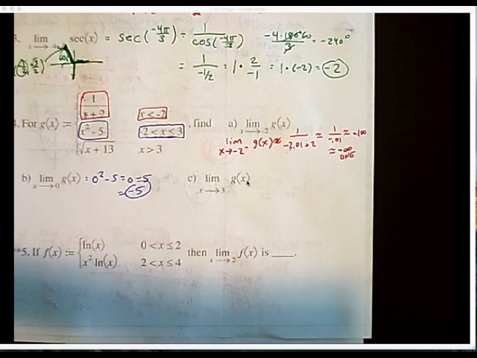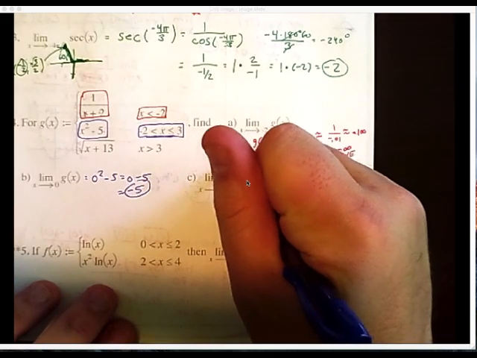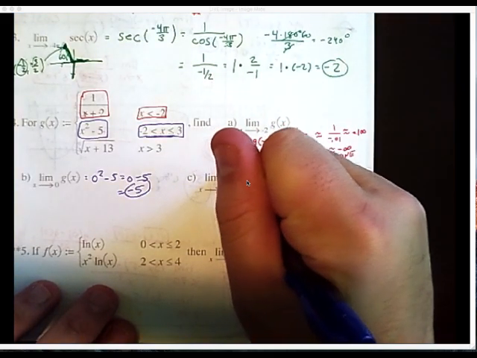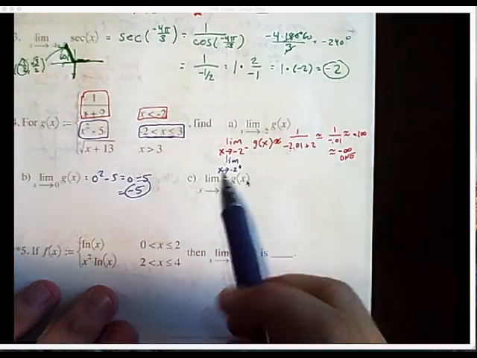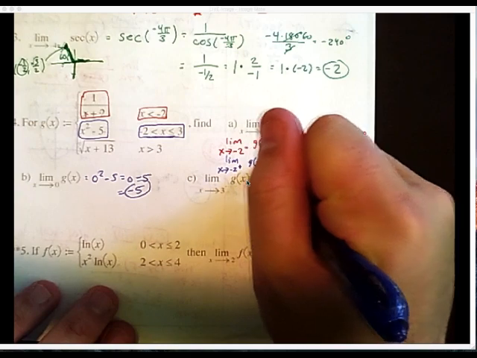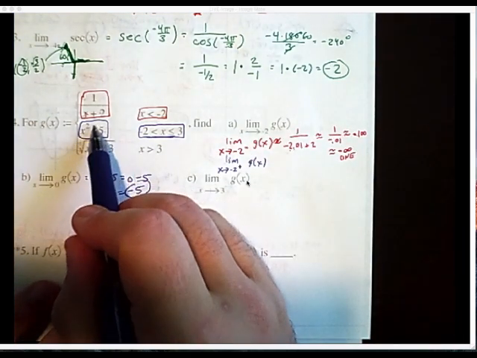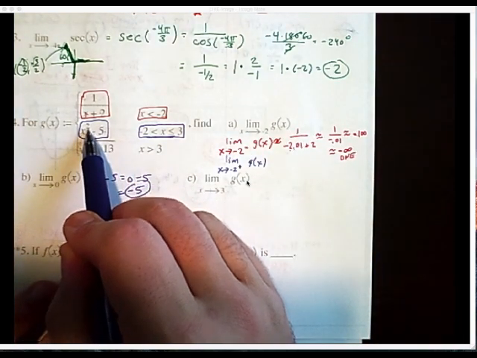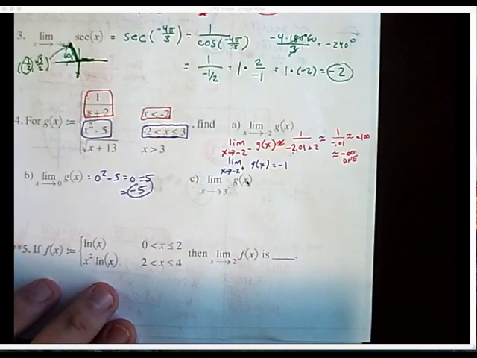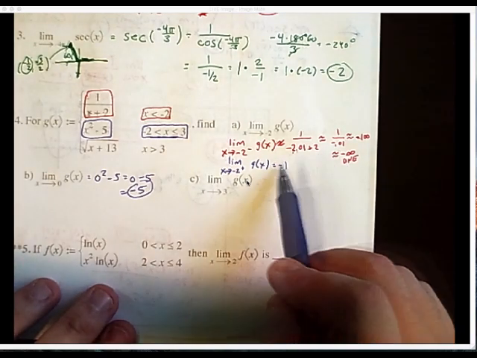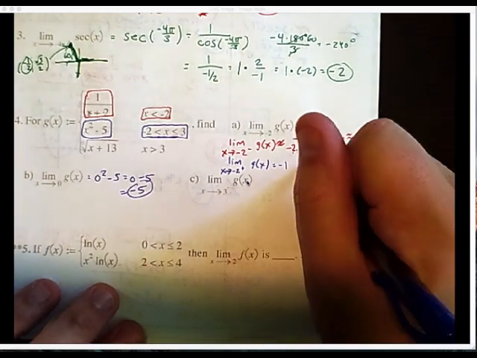Now what about as I approach from the right side? Well, if I approach from the right side, I can plug in negative 2 to this function. Negative 2 squared is positive 4, minus 5 is negative 1. Obviously, these two things do not equal each other, so it does not exist.